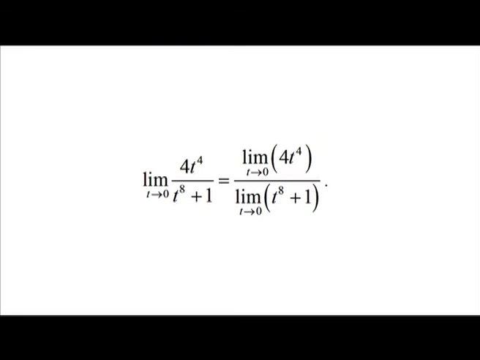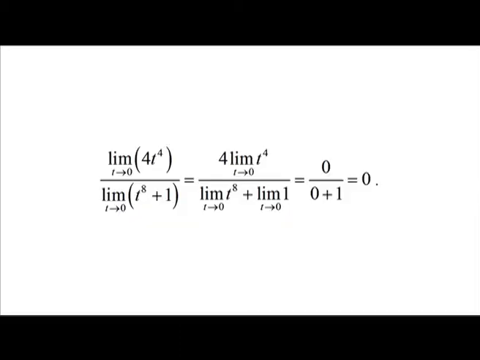Now, by the limit rule of quotients of functions of one variable, we obtain the limit as t approaches 0 of the quotient 4 times t^4 by t^8 plus 1 is equal to the limit as t approaches 0 of 4 t^4, all divided by the limit as t approaches 0 of t^8 plus 1.